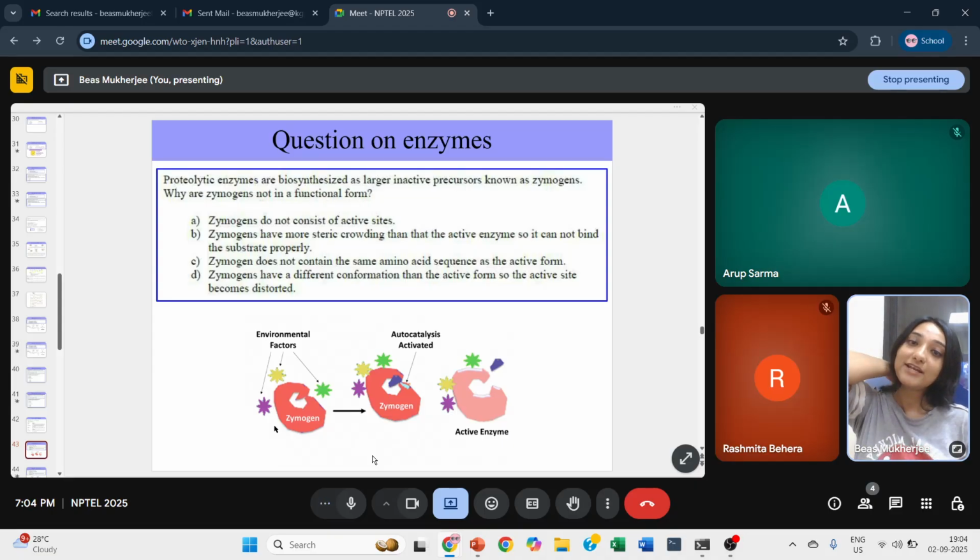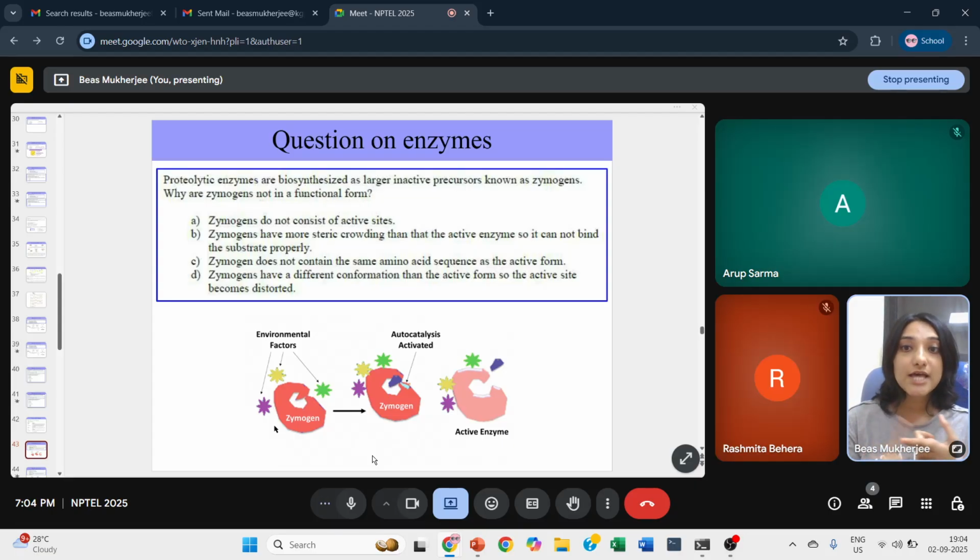Now, there is this zymogen. A zymogen undergoes a kind of cleavage and then becomes functionally active. Proteolytic enzymes are biosynthesized as larger inactive precursors known as zymogens. Why are zymogens not in functional form?